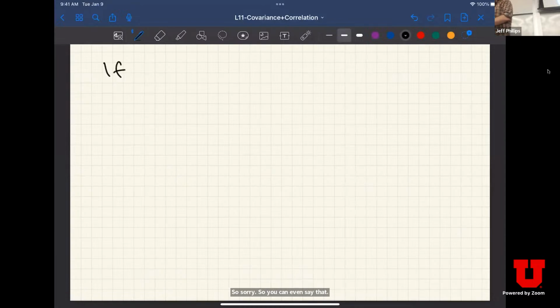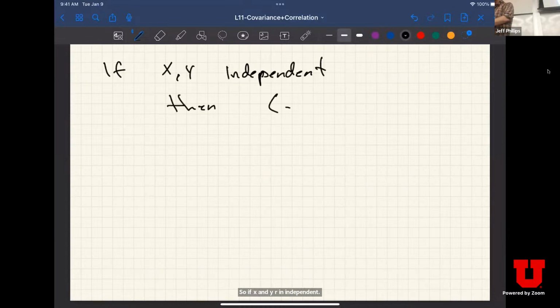So you can even say that if X and Y are independent, then we have to have the covariance of X and Y equal to 0.